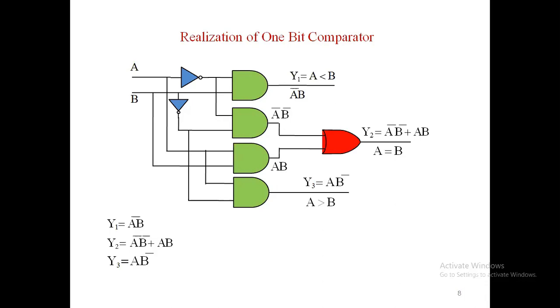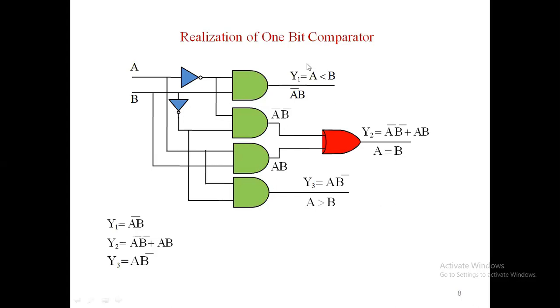And see here, y1 we got the value 0, y2 we got the value 0, but y3 is nothing but 1. And the condition is true, that is A value 1, B value 0. So 1 is greater than 0. The condition is true. So whenever the value becomes true, it will be represented as 1.